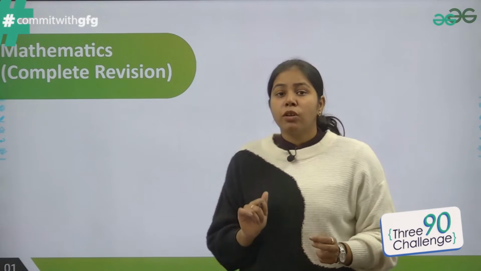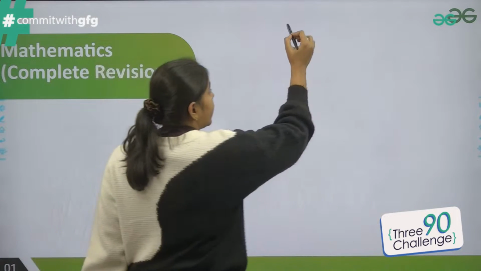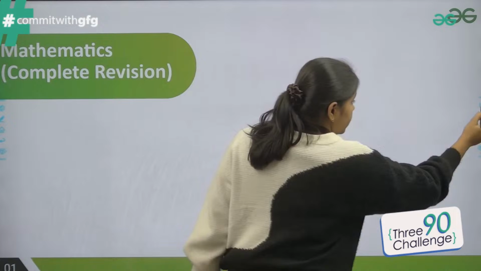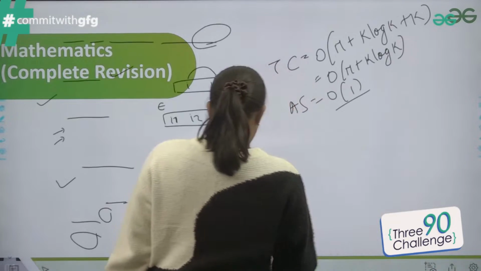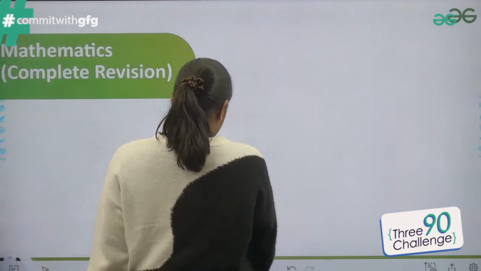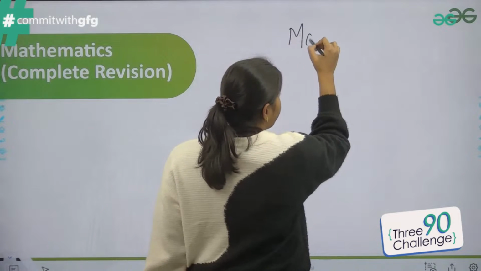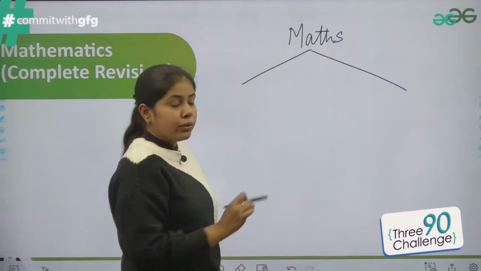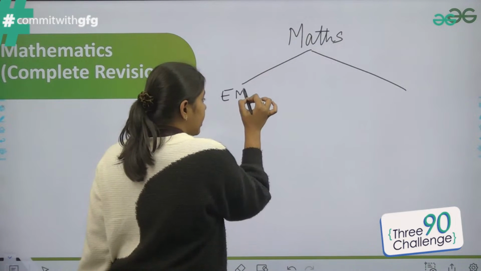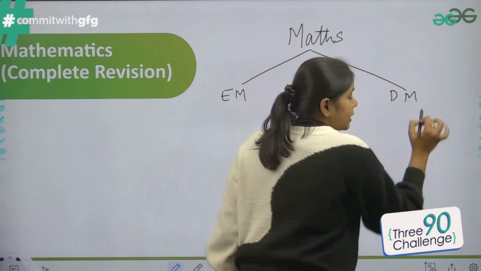So if I talk about mathematics, you can divide mathematics in two parts. I have two maths in GATE computer science. First, I have engineering mathematics, and another one I have discrete mathematics.